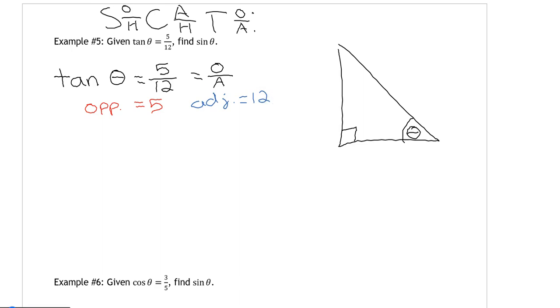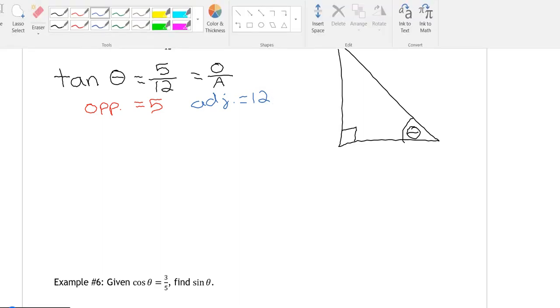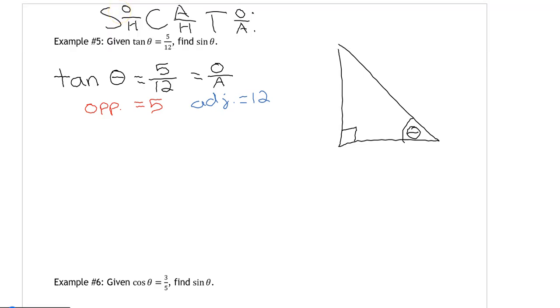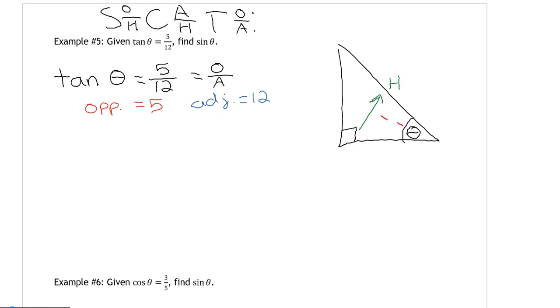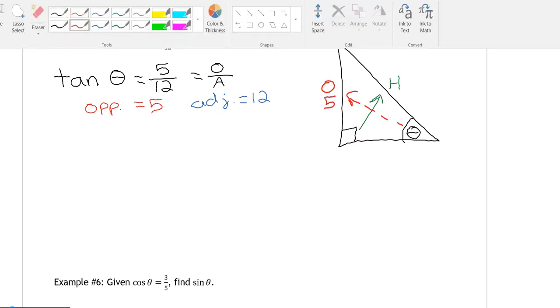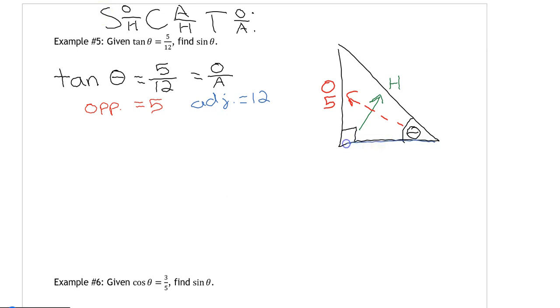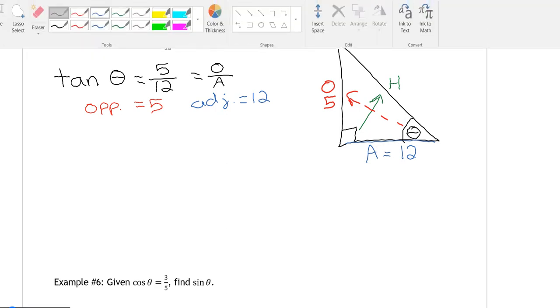So in my triangle, from what I now know, I don't know my hypotenuse. I know my opposite side is 5. And I know my adjacent side is 12. And we can even put an equal sign there. All right, so my opposite side is 5 and my adjacent side is 12.